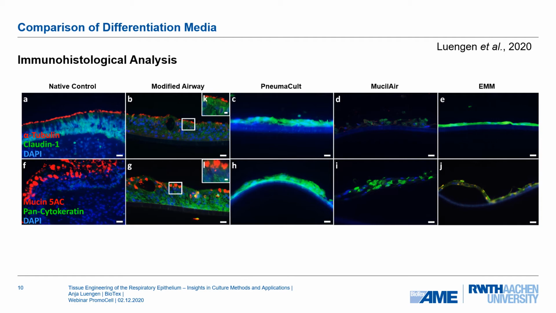Most modified airway cultures were positive for all 4 markers and showed staining patterns comparable to native tissue. For the other media, most cultures were only positive for tight junction marker Claudin-1 and for pan-cytokeratin.